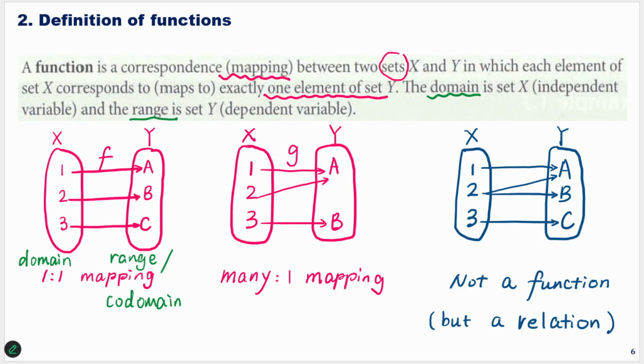And in the second diagram, again, x is the domain and y is the range. And in the third diagram, although it's not a function, we can still call the set x the domain of this relation, and set y is called the range of that relation, or the codomain.